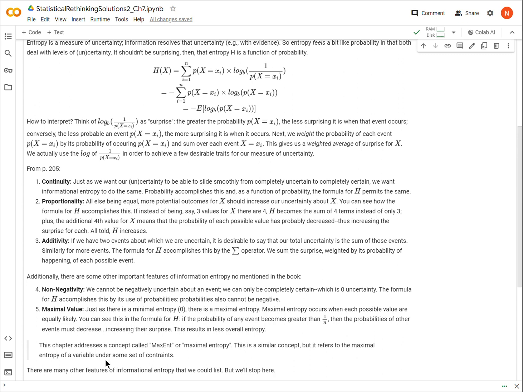There is another concept that this chapter will address, and it's a very interesting idea, called max-ent, or also called maximal entropy. And the way that it gets used in this idea is the maximal entropy that is achieved given some set of constraints about our probability distribution, right?